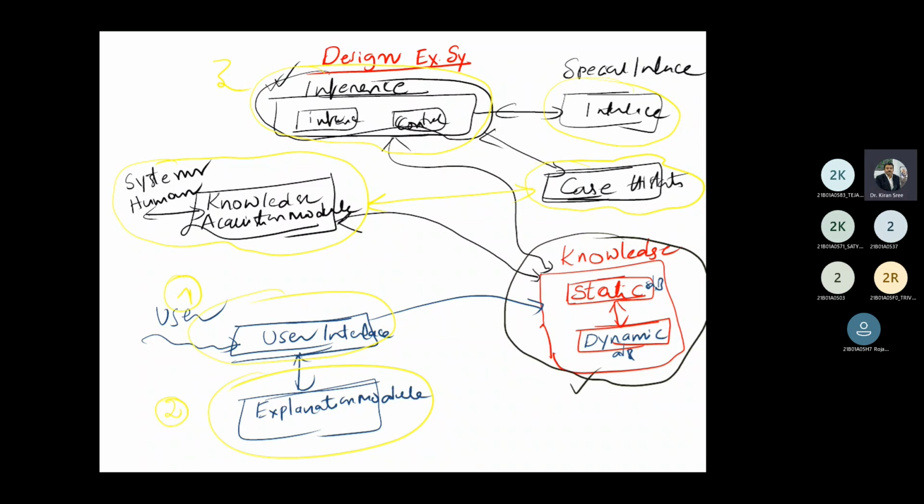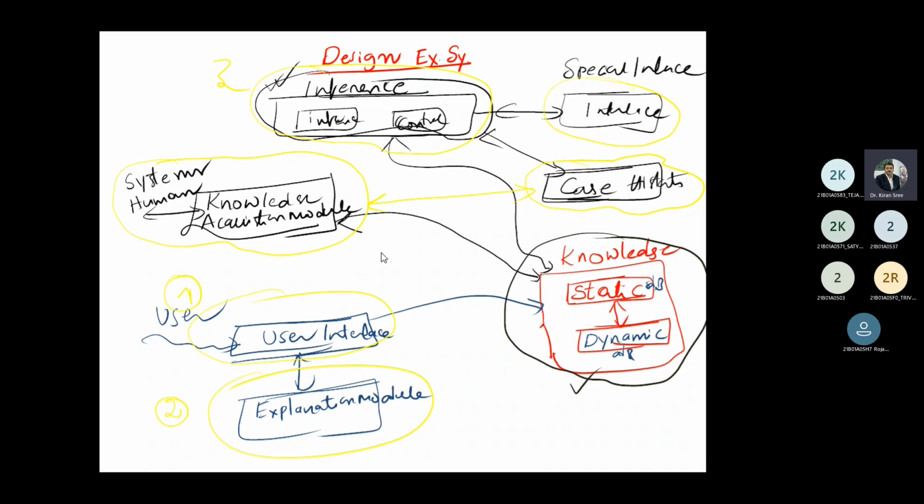If case history is there, the conclusion will be more optimal and reliable. The special interfaces are interfaces where they process data which is uncertain, not complete enough to make certain decisions. That is what I said earlier.